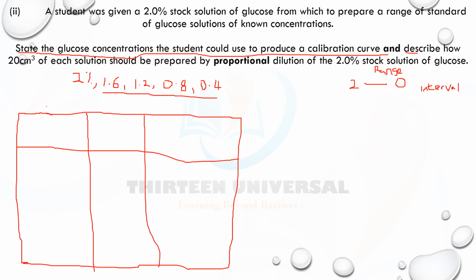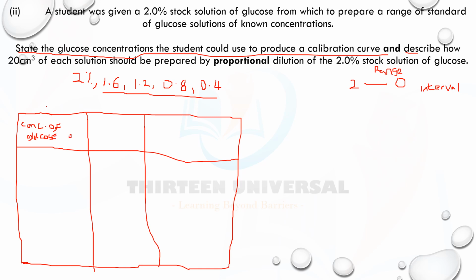So this is going to be the first column, concentration. I don't want to write the full thing, but you can say concentration of glucose. Let's use glucose, because even the stock came from glucose. Of course, concentration is the first one here, but you must add the unit.